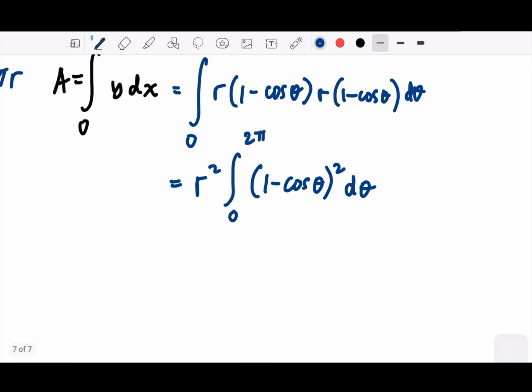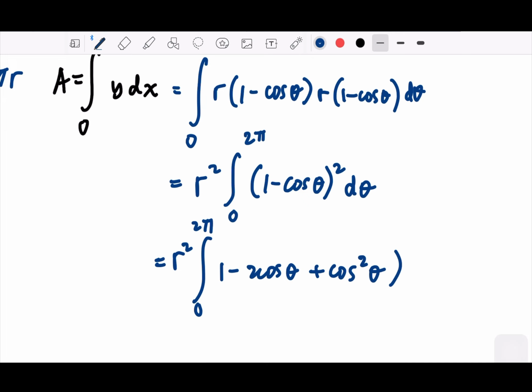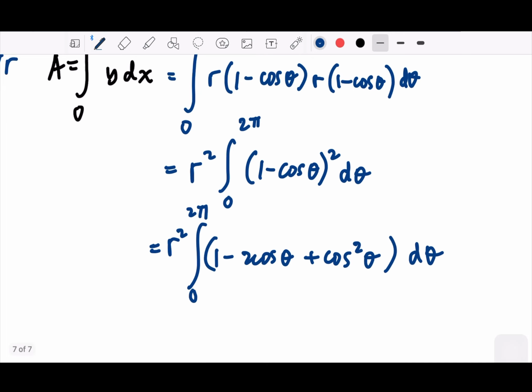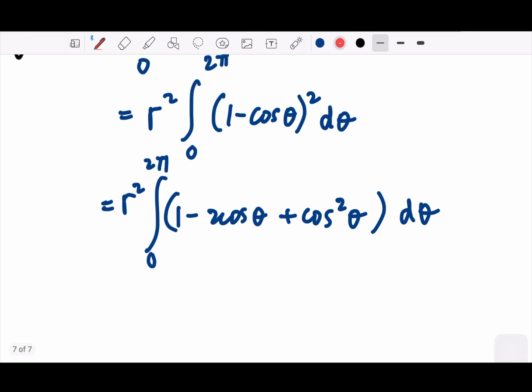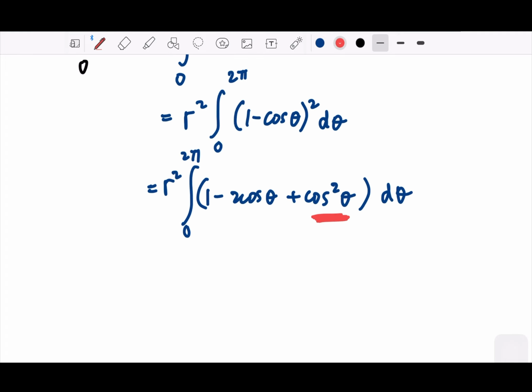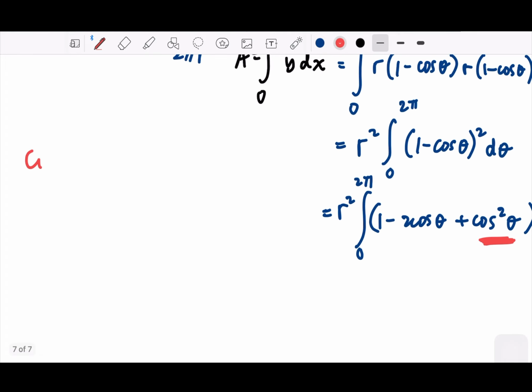I think we can solve a little bit of algebra. Okay, I hope you still remember how to integrate. If you look at this quadratic here, we need to use the double angle formula. Let me remind you of the double angle formula.